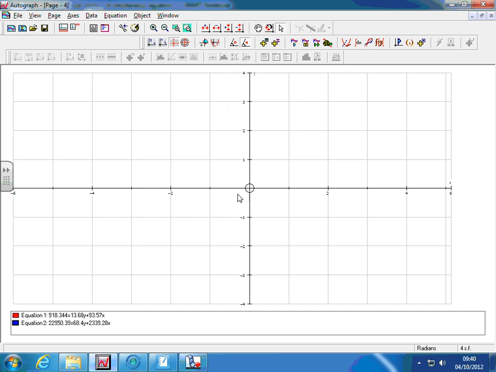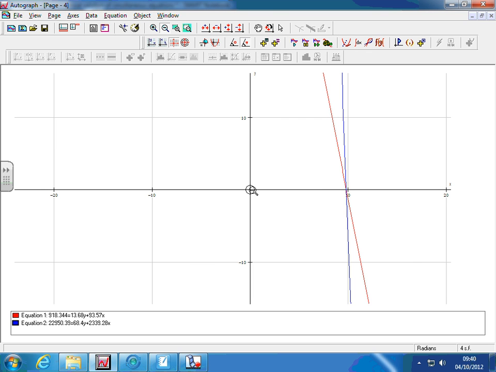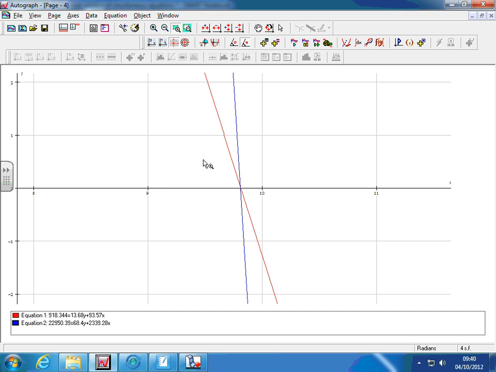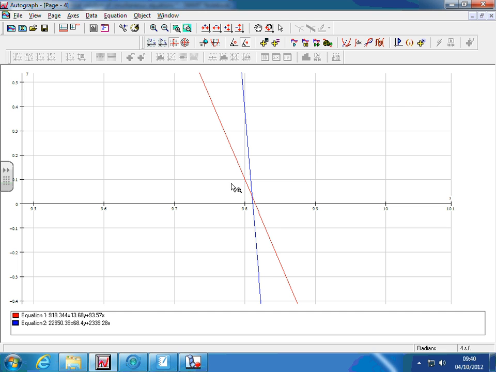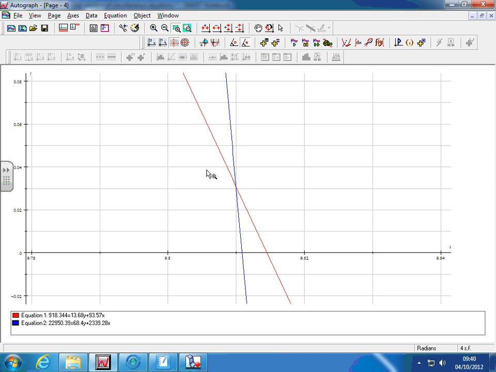We type them in. There they are. Initially you can't see it, and you find it by looking. You zoom out basically until you see something, and there the line starts to appear. Now I want to focus in on one particular part, so I can use this box to focus in on this particular bit where they cross here. If the lines start to go very close to each other, which they are in the vertical sense, that means to me that everything is happening over a very small period on the x-axis.